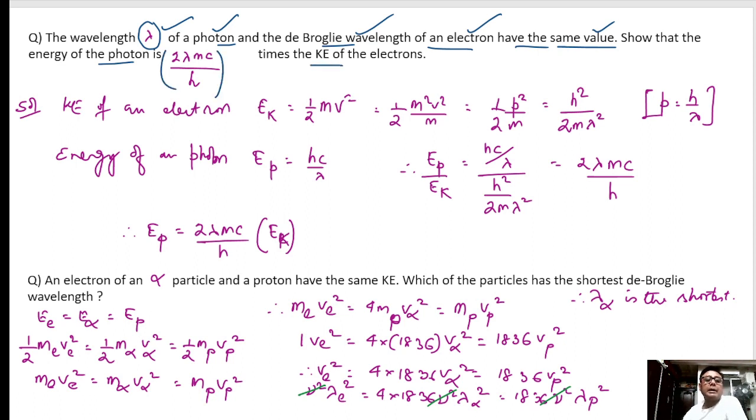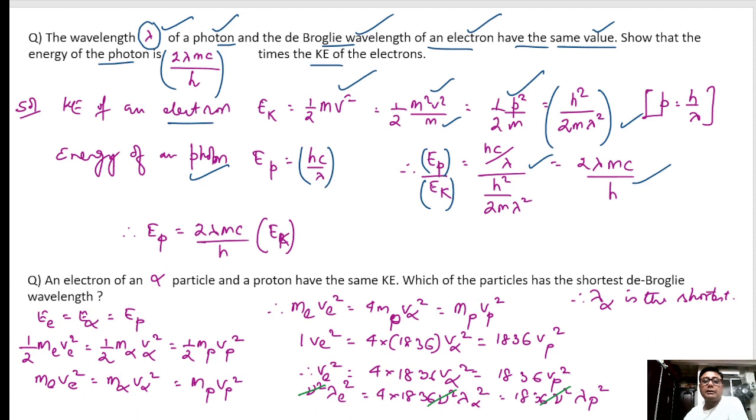See, kinetic energy of an electron is half mv square, which is half m square v square by m. So this becomes the momentum, and momentum is h by lambda. So we get the kinetic energy of the electron as this. Now the energy of the photon is hc by lambda. Let us compare the energy of the photon with the energy of the electron, and we get this. So this is the answer.